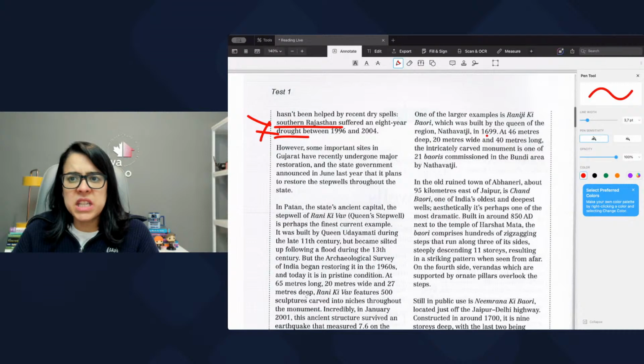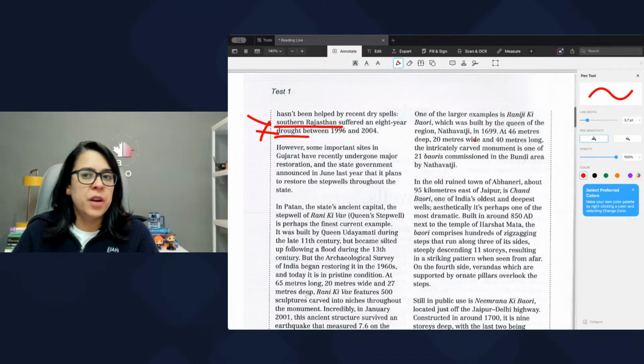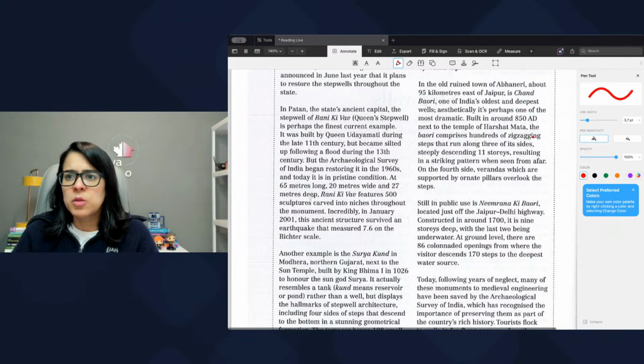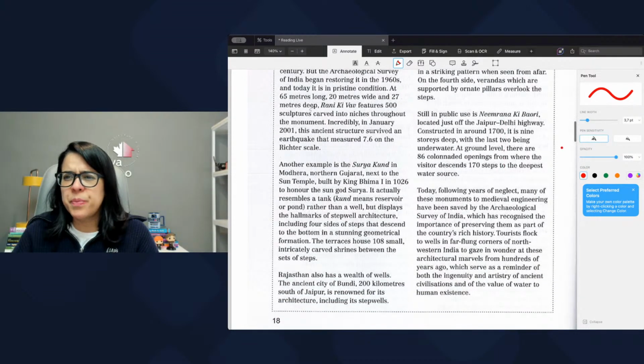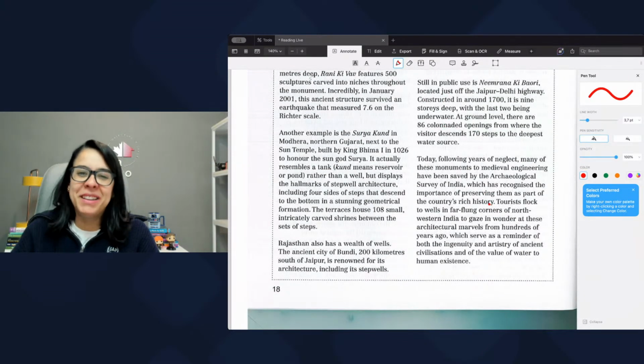So I'm gonna continue. A queen was built up. No, nothing said here. Next. Perhaps one of the most... no, they don't say anything about visitors here. Let's continue. So here also nothing. So it can only be the last paragraph, right?